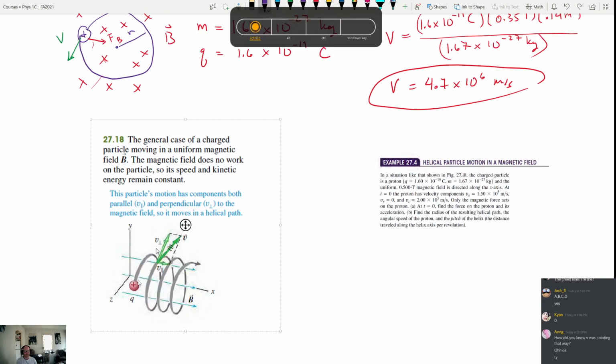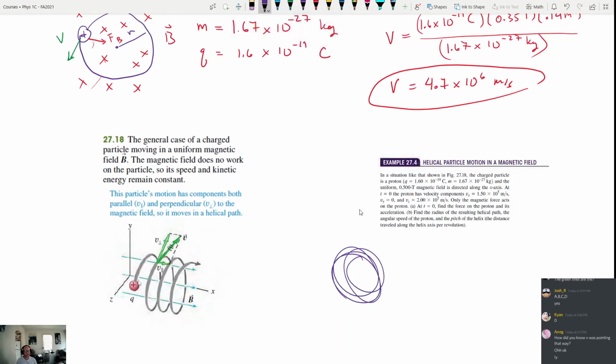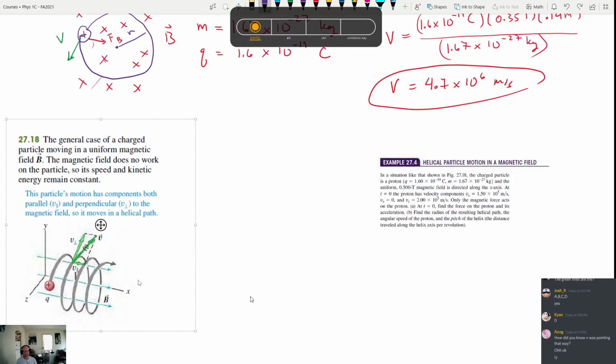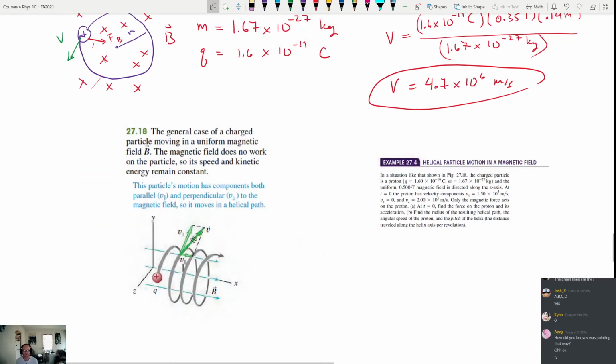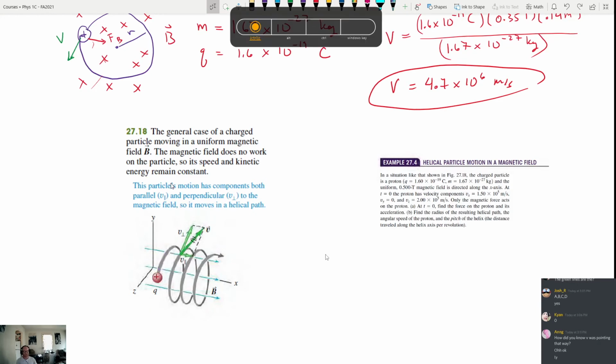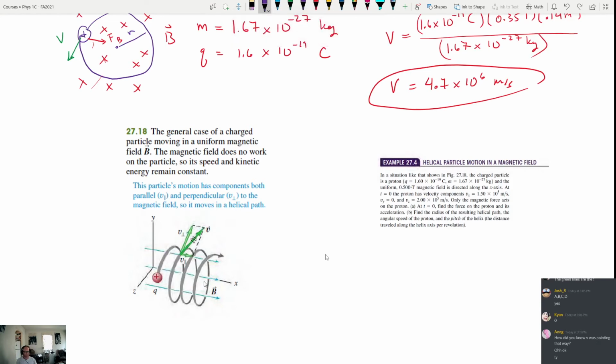So the combination of something moving in a circle combined with something moving in a straight line is going to construct a path that's like a helix, basically. So take a moment for yourself and see if you can understand that based on the picture here. This particle has a velocity vector that's not just this way, but it also has a component this way, which means it's going to go in a circle, but it's also going to kind of translate to the right.